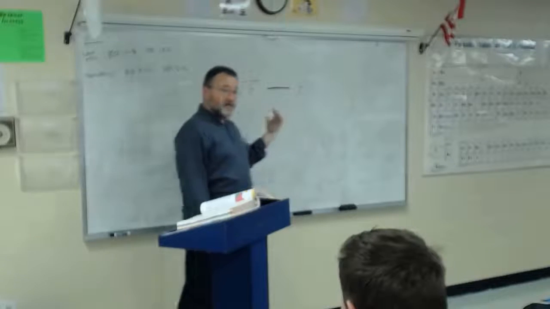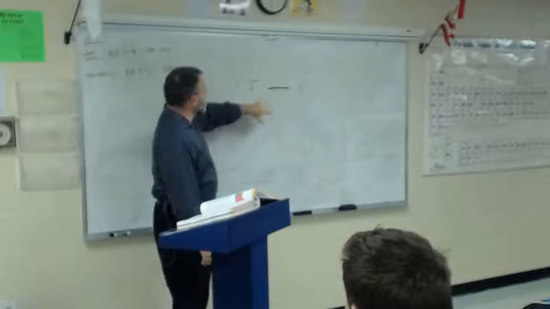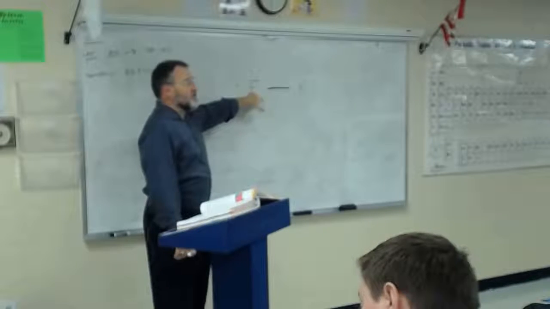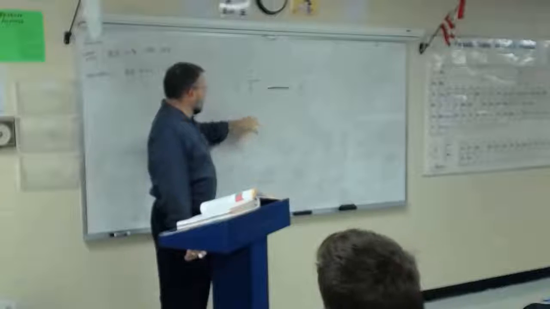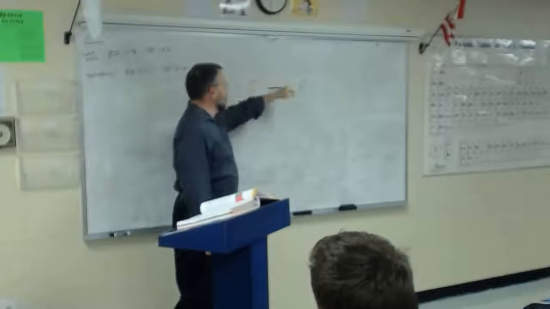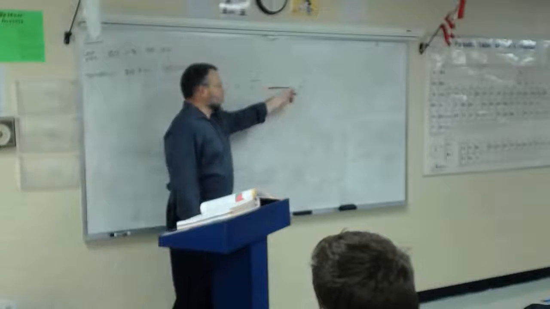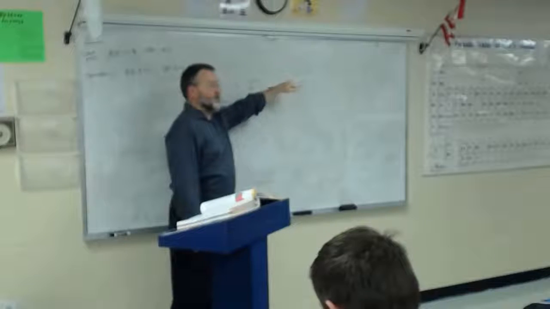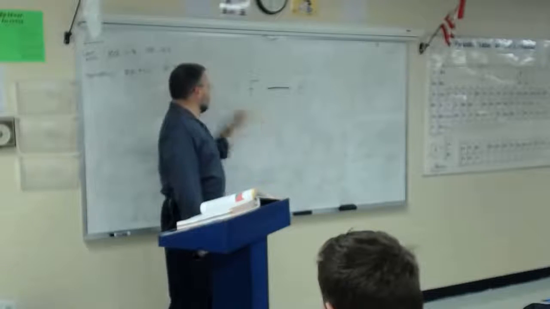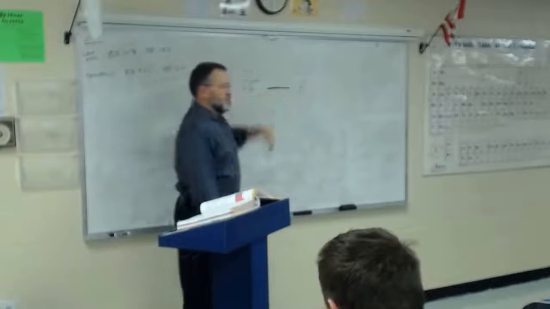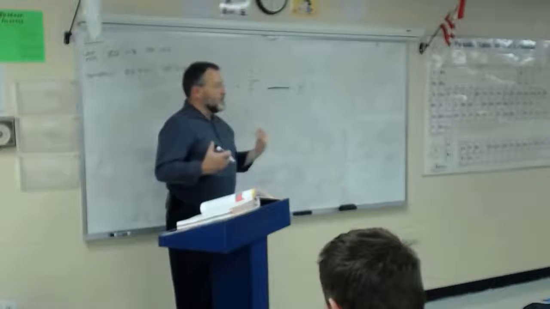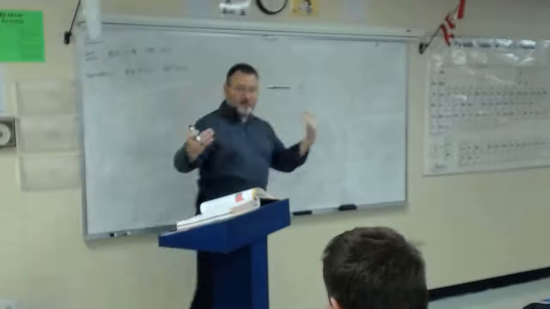So as we do the octet, as we count up, how many valence electrons does this fluorine atom see? 1, 2, 3, 4, 5, 6, 7, 8. This bar, which represents the shared electrons, is counted as 2. 2, 4, 6, 8. And this side, 2, 4, 6, 8. Now they're done seeking electrons. Now their valence shell is full.